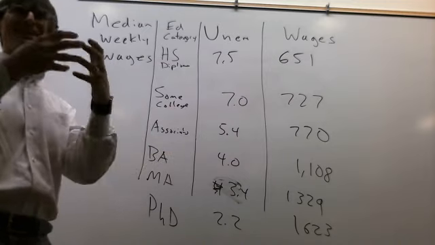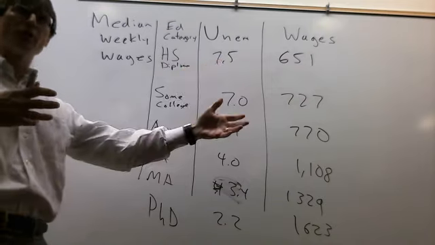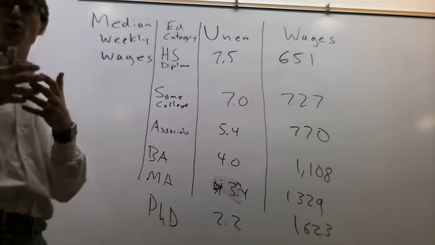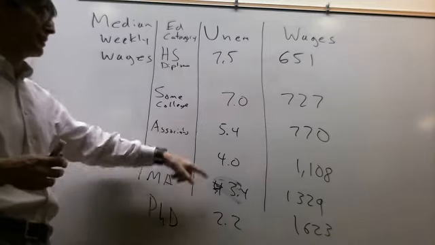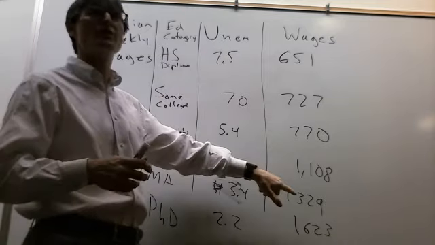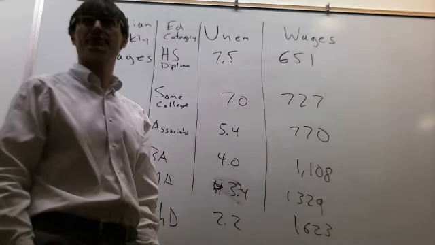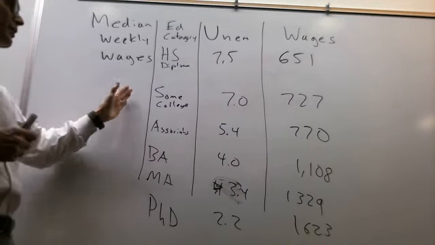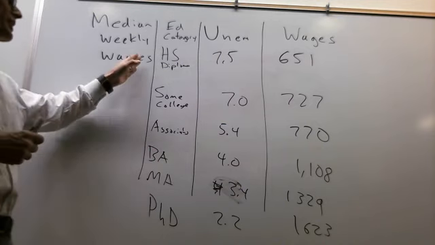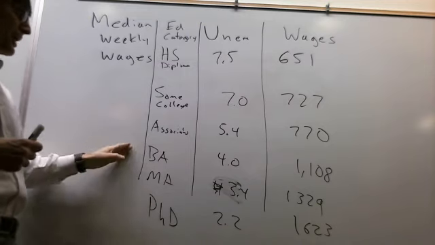Your investments in your own skill set will make you more productive for an employer, and therefore a more attractive candidate for a job, and more likely to be hired, not unemployed. And when you get hired, you're more likely to be rewarded with higher wages. So this is correlated to that. Someone with an associate's degree is going to have more skills than someone with only a high school degree, and a bachelor's likewise.